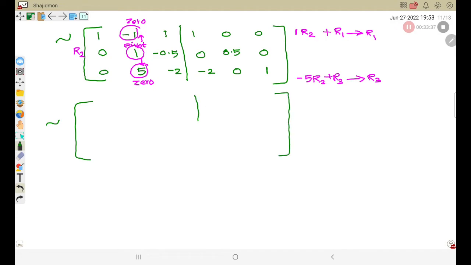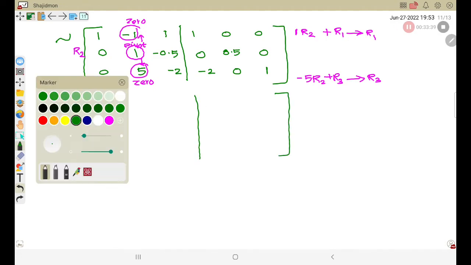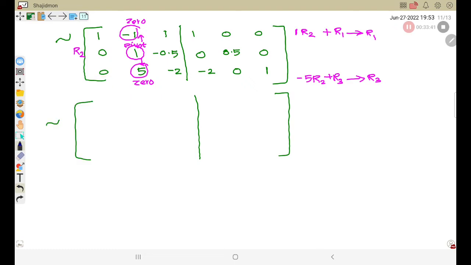So equivalently, the matrix we can write: we need to change the first row using this row transformation, 1 multiply R2 plus R1, and the third row we change using this transformation, minus 5 multiply R2 plus R3 gives new R3, correct.